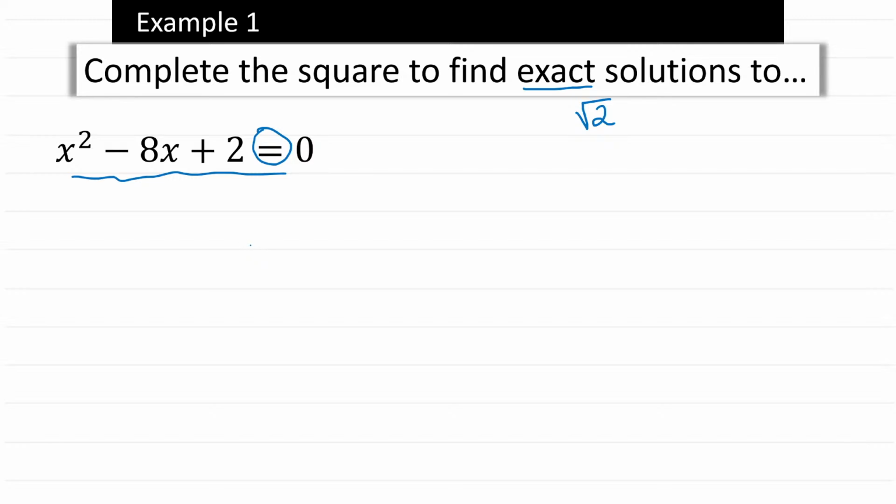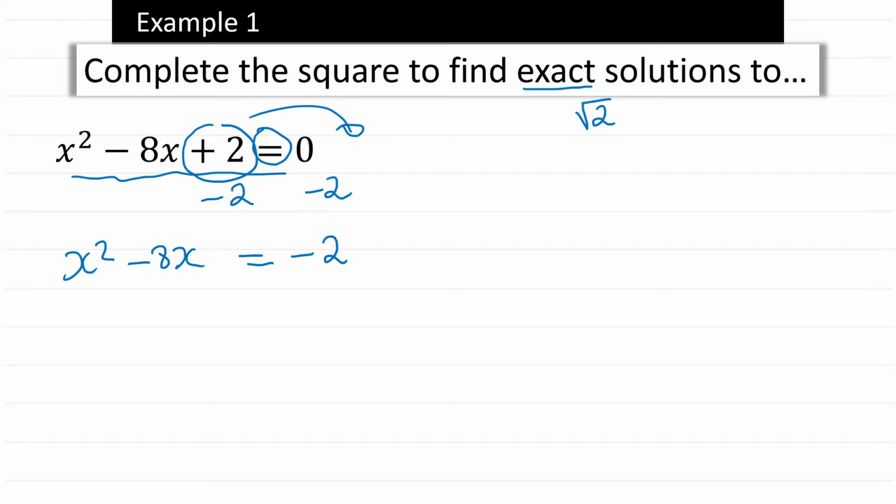What I want you to do to make it easy is to move everything that doesn't have x in it to that side. So we have plus 2, we're going to do minus 2 on both sides. So we have x squared minus 8x plus 2 minus 2 is 0, and then we're going to have equal to negative 2.